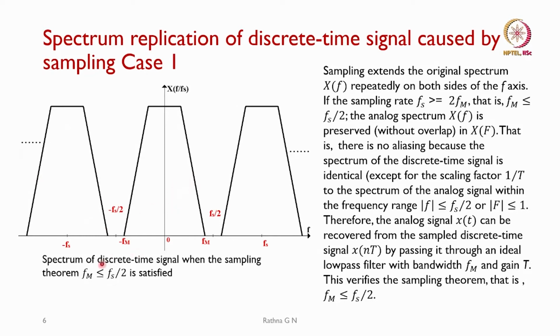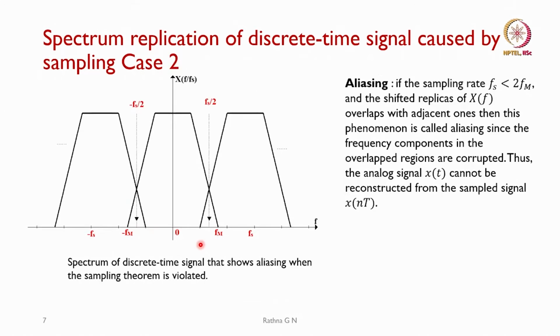What happens if our maximum frequency is less than or equal to half the sampling frequency, according to the Shannon sampling theorem? Then we will not see any overlap. That is what the theory says: our fm is going to be well away from fs by 2.